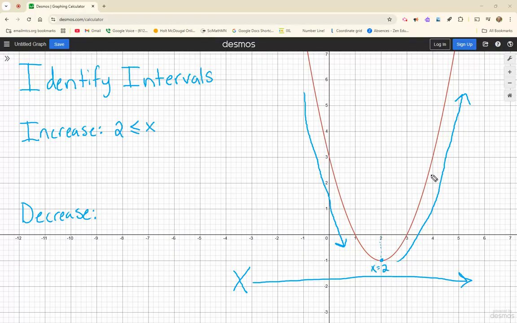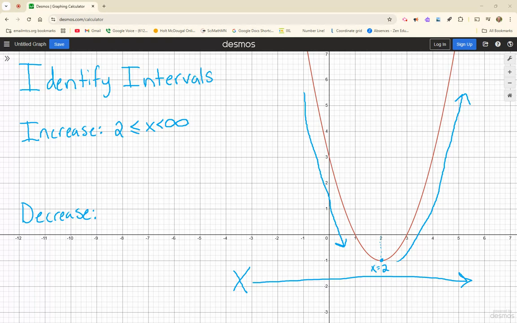But where does x go off to? Well, x goes on forever and ever positive. It essentially goes on to infinity, and this graph is increasing between the values where x is 2 and infinity. So the inequality we're going to use is, again, less than, but we do not include the equal sign with this because infinity is not an actual number we can be equal to.